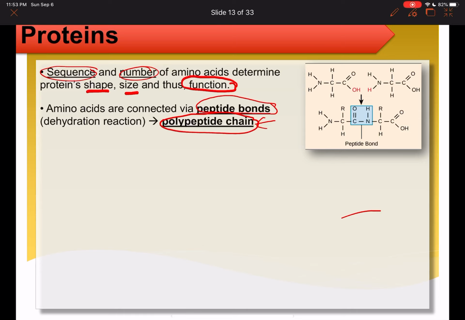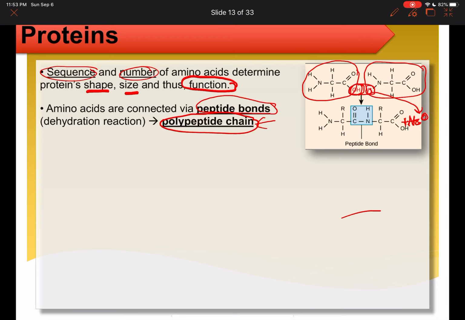from the 2 monomers. So here's an example of amino acid 1 here, and then another amino acid, and the carboxyl group supplies the hydroxyl group right there, OH, and then the amino group supplies the H. So this is what's going to come out as a byproduct, a water molecule.